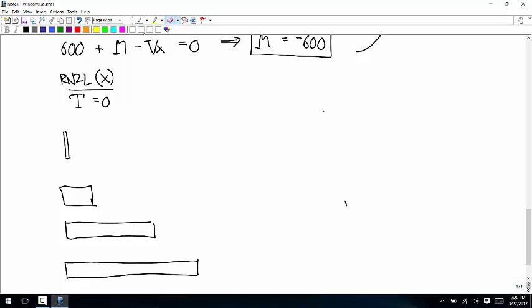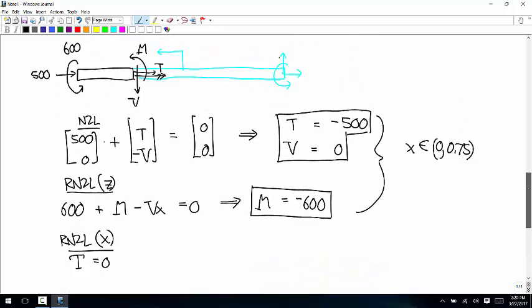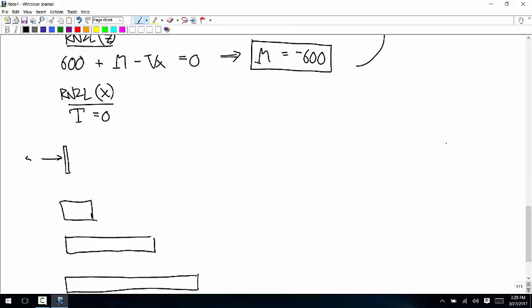If you think of these as not general free bodies, but specific free bodies, we're taking a specific chunk of the beam. Here's what this one looks like. What are the loads? 500 and 600. So this one has a 500 and a couple of 600, and then the internal loads. This specific one has a lot more material, but it's the same in that it only has the 500, the couple of 600, and the internal loads.